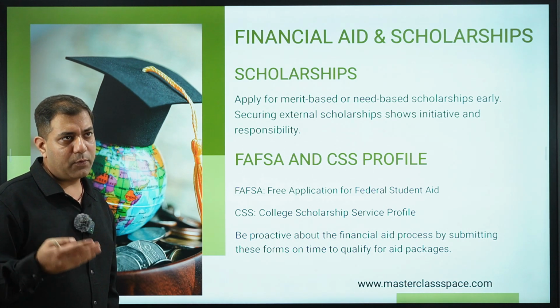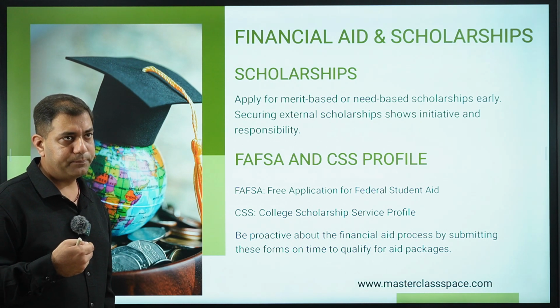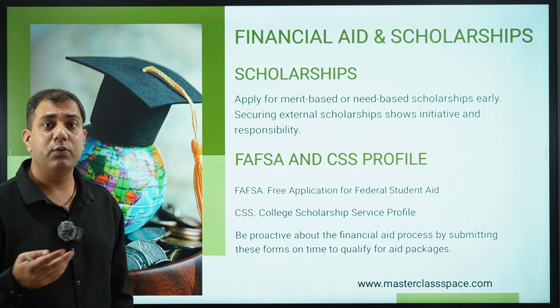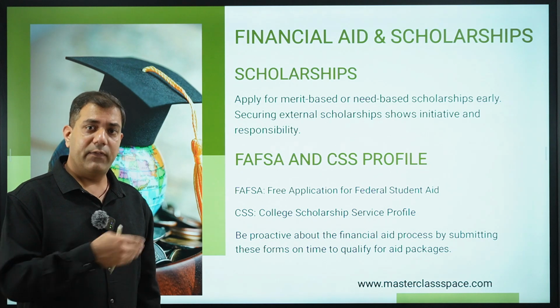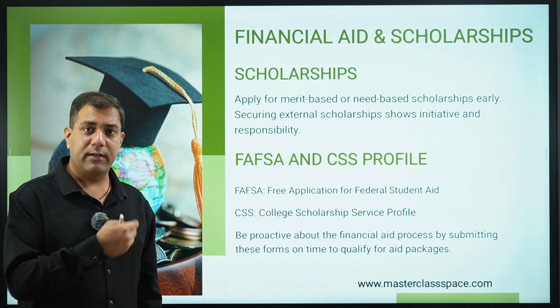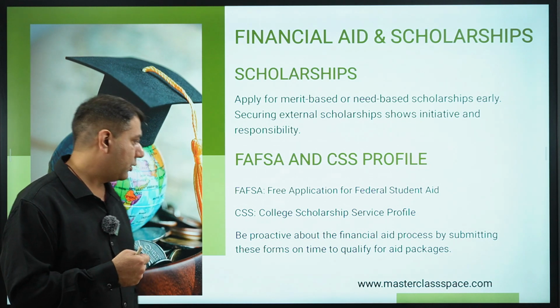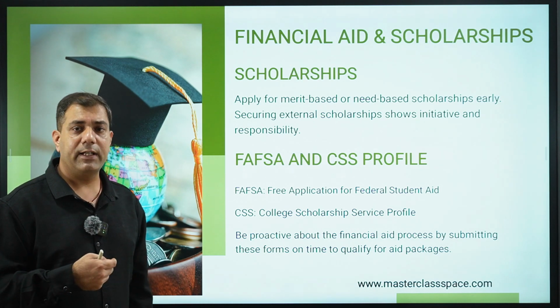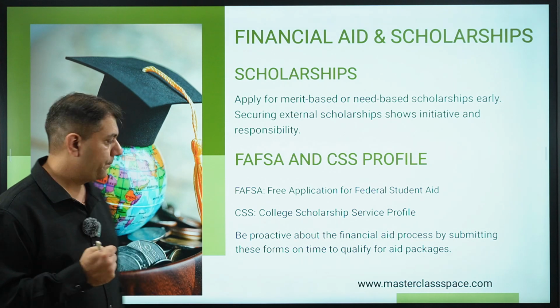You have to first make a profile on these platforms, depending on whether you are an international student or a US citizen. We will talk about it in our other slide. That's going to be very helpful for you to apply for scholarships.